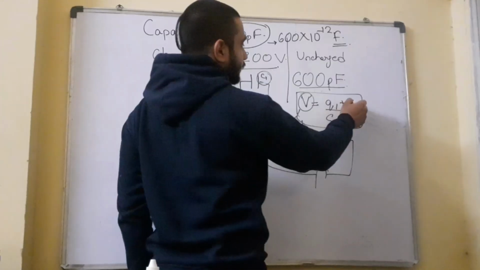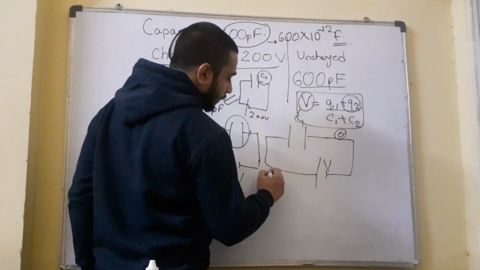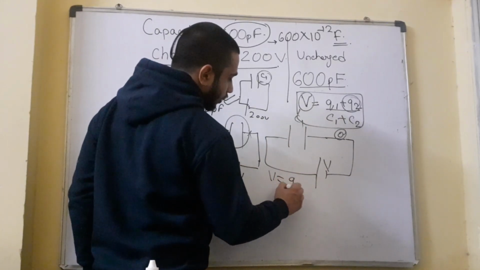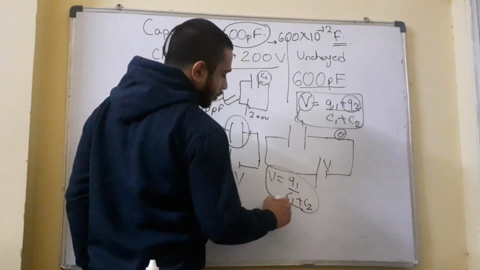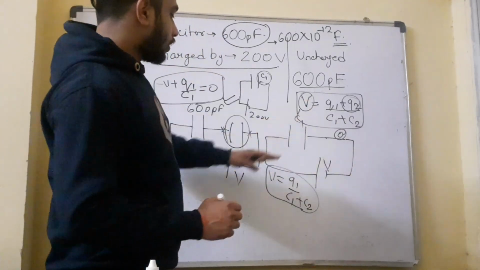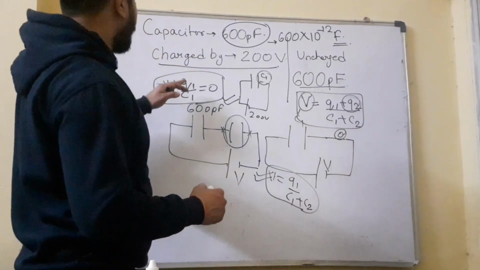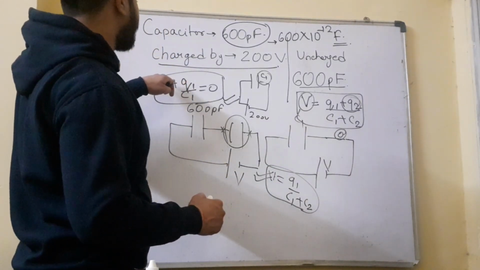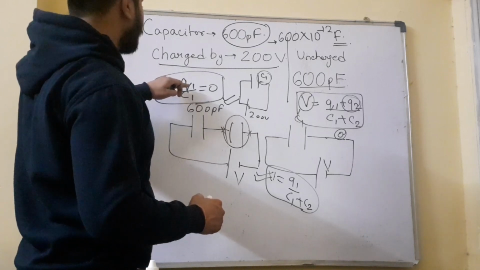Since it is an uncharged capacitor, this Q2 will be equal to 0. So V will be equal to Q1 upon C1 plus C2. Okay, so this V came out to be Q1 upon C1 plus C2, and this is for the initial state when this has a charge of Q1.